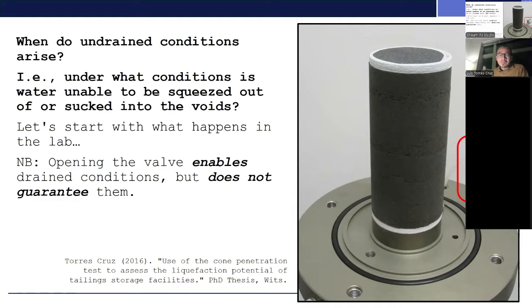And this is the reason why, even when we are doing drained triaxial tests, and we are hoping that there will not be a development of excess pore water pressure, we still measure the pore water pressure to ensure that indeed the excess pore water pressure is equal to 0.